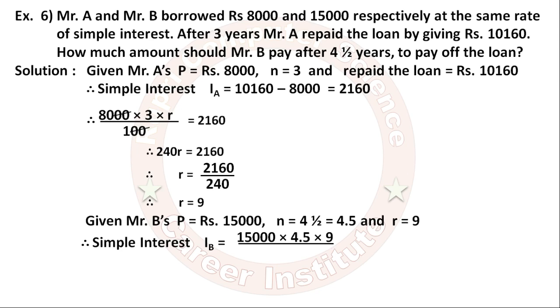Now from 15,000, the last two zeros are gone, and from 100, the last two zeros are gone, right? Therefore, IB is equal to 6,075.